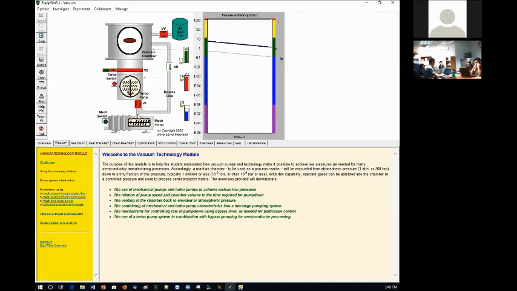So in a regular process, this is what you would do. You would start to pump down the chamber after loading your samples, of course. Okay, now we're at the 0.1 torr range and going down.